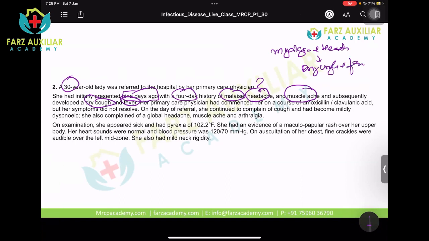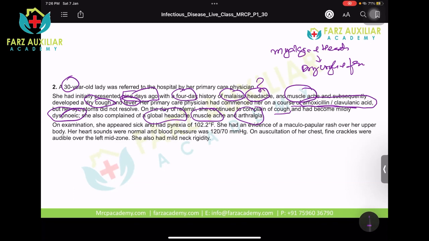The primary care physician started a course of antibiotics, amoxicillin-clavulanic acid, but symptoms did not improve. So something which is not sensitive to this. On the day of referral, she still has cough and has become mildly tachypneic. She also complains of a global headache, myalgias, and arthralgias.